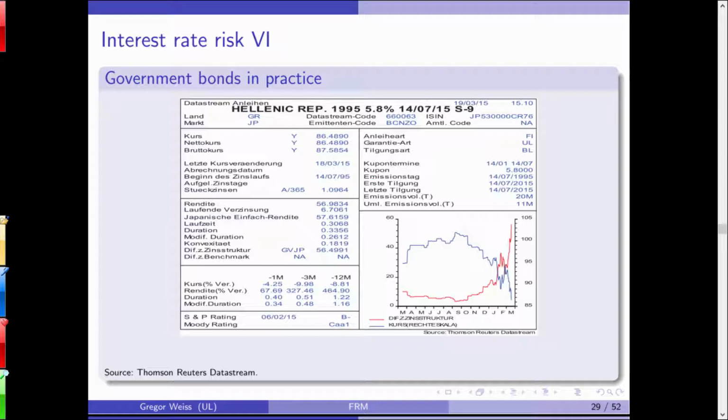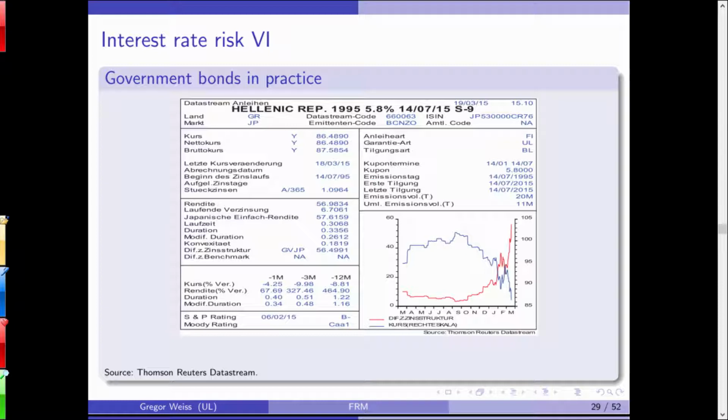Now remember, the government bond pays out a fixed coupon of 5.8% on 100 euros, and this will not change. This bond was issued in 1995, and it expired 20 years later, and the payments are fixed. So if you think that an investment in Greek government bonds should give you a return of 5.8%, you would have to buy this bond at price 100. But if you think the risk is actually much higher, what would happen?